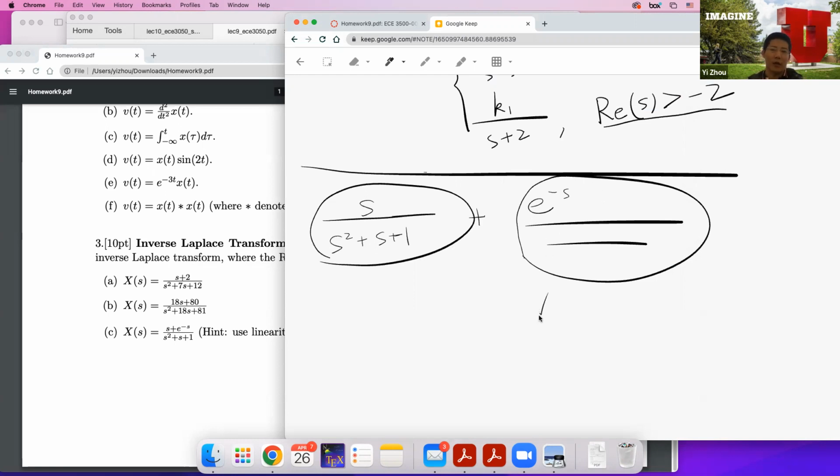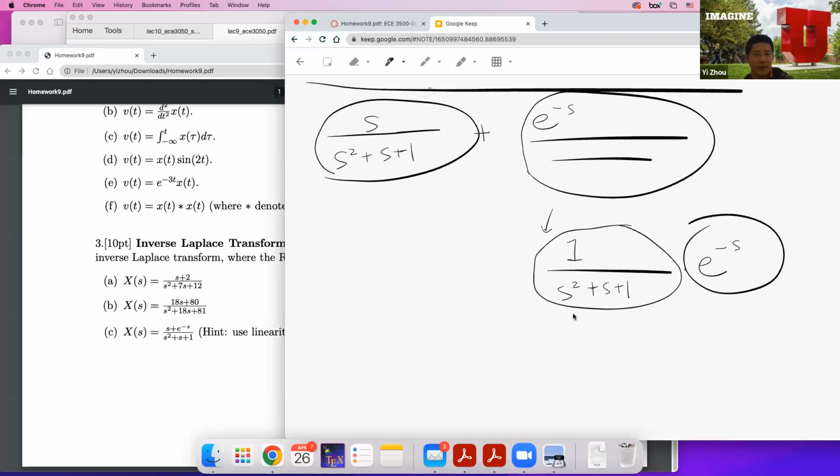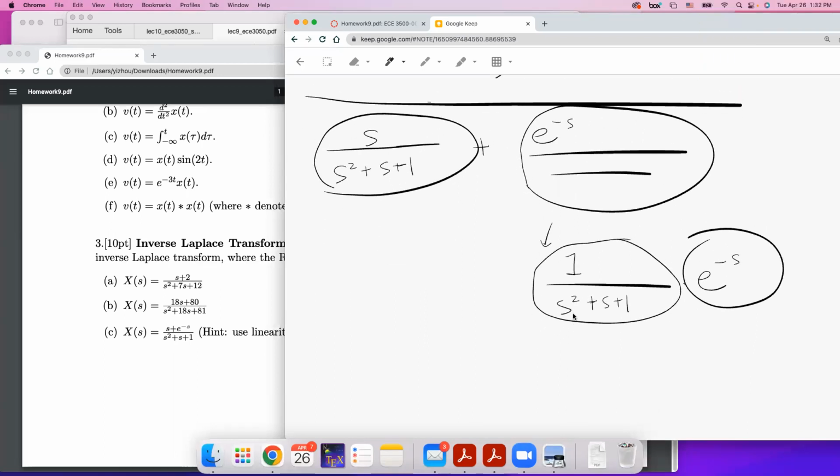So you can view this as 1 over this one times e to the negative s, which is caused by the time shifting property. So what you do is first find the inverse for this one, and then the exponential is just due to a time shift. You shift the signal corresponding to this one by 1 unit. Is this clear? Yeah, that makes sense. Thank you.